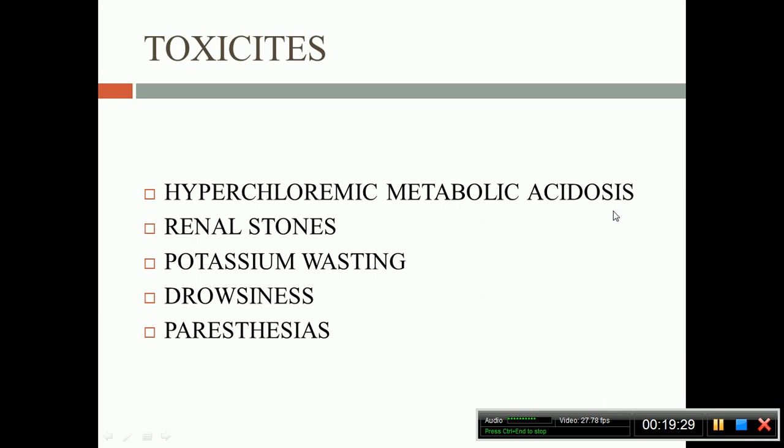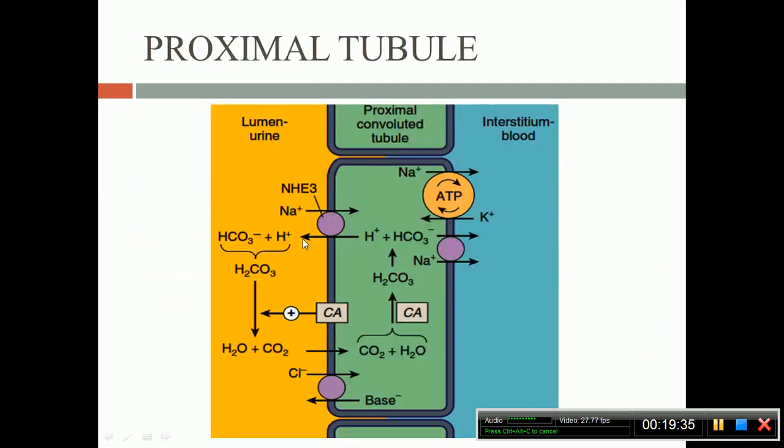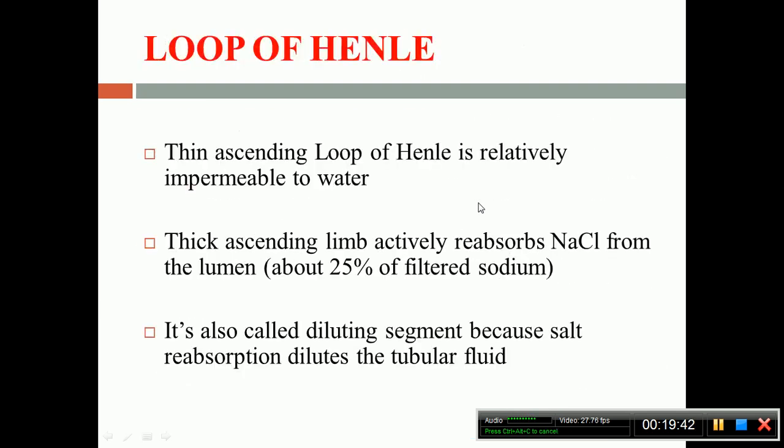Hyperchloremic metabolic acidosis. Then renal stones can occur and potassium wasting. Okay, then we have loop of Henle.